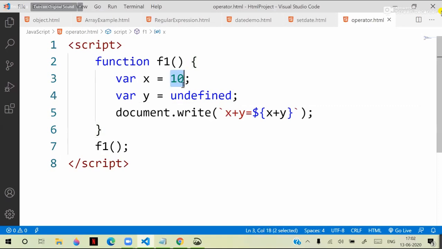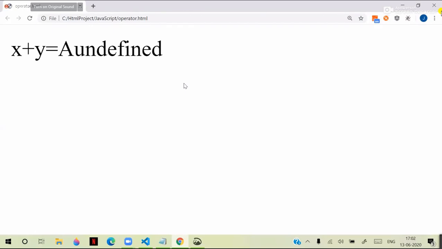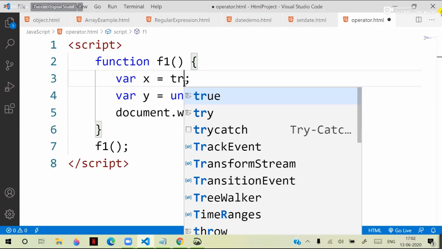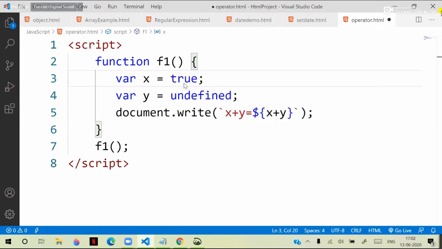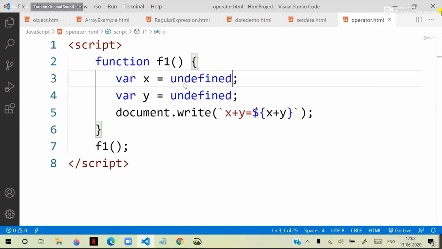If any number is added with undefined, or suppose x is a string a, then what happens? It says a undefined because it is concatenation. Suppose it is true plus undefined, then it will say not a number. If it is undefined, then it is also not a number.